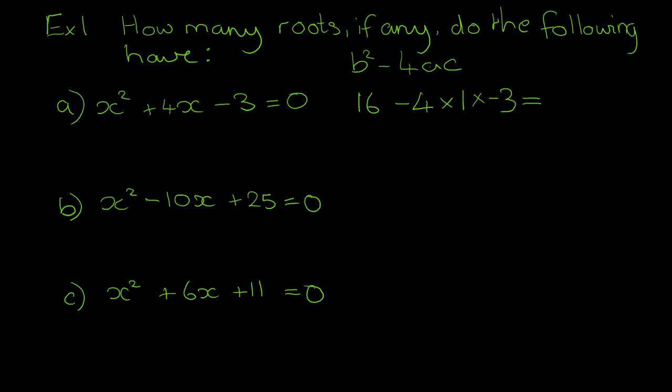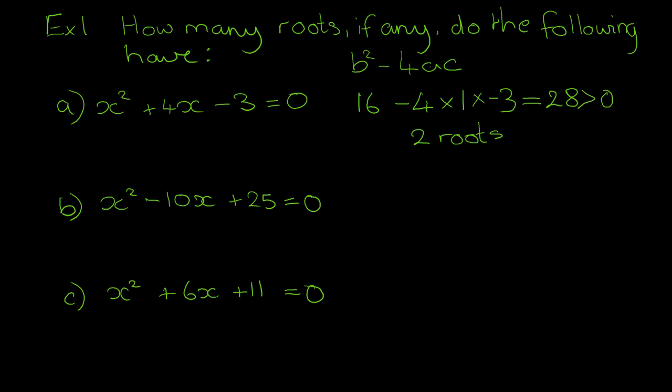And so let's work out what this is. So we've got 16, and we've got 12 over here, and that's going to be a plus 12, so that's going to be 28 altogether. So that is greater than 0, so we're expecting two roots, two solutions.